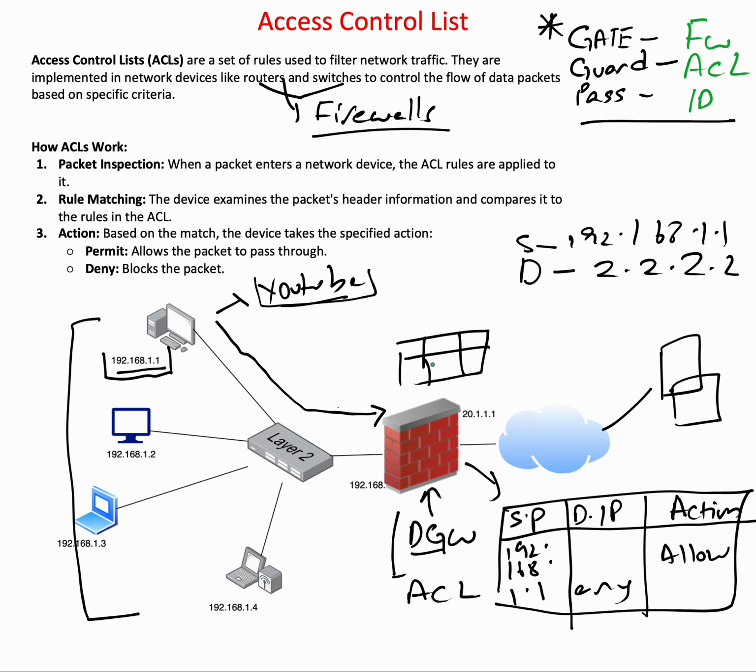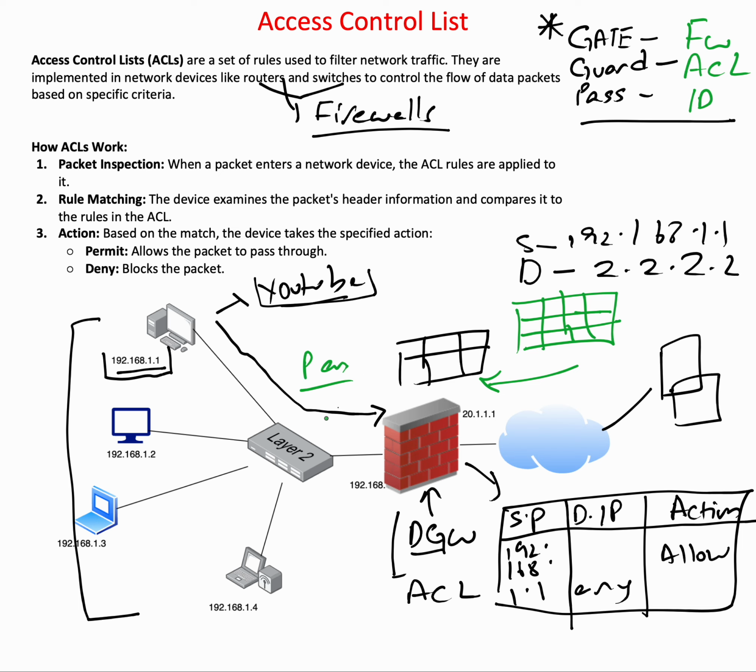It matches the criteria, pass, and then according to the firewall, stateful or stateless, whatever it is, it'll make your table. If it's a stateful firewall, it'll make a six tuples table, just like we discussed last time. And then when the traffic comes back, it will make sure to pass it.